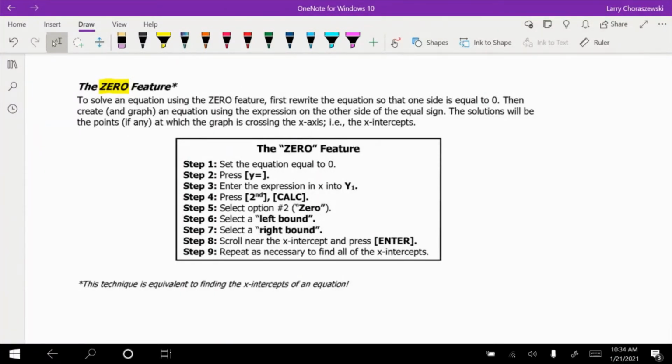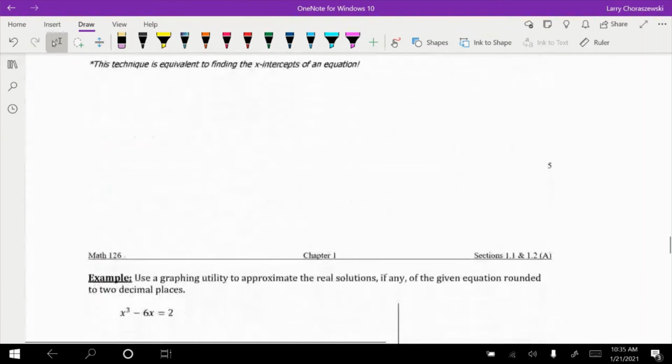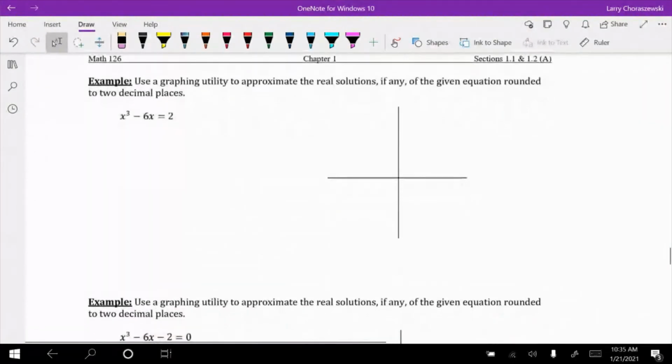All right, which we just had exposure to with that line graph on the last page. So with the intersect feature, you find points of intersection. With the zero feature, you just find the x-intercepts. So without further ado, I'll show you how to do that.